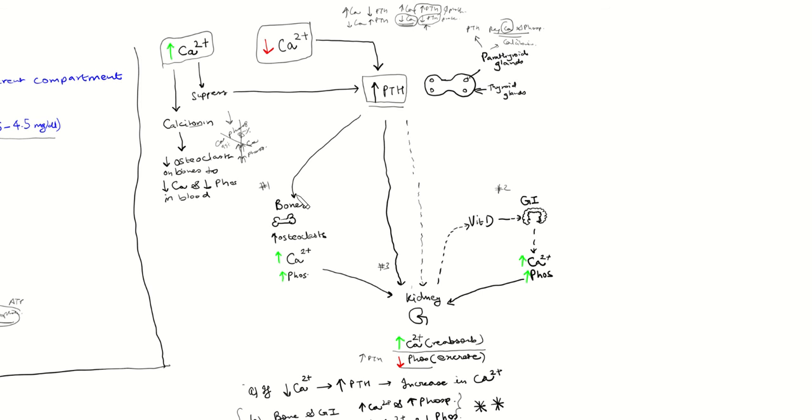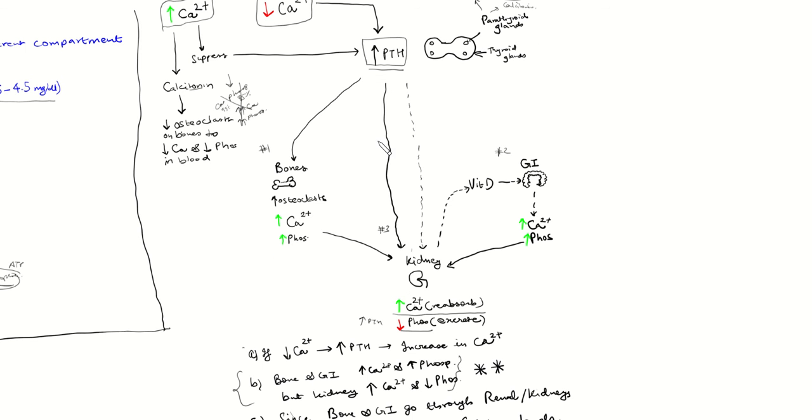What does parathyroid hormone do? Break down bone, gives you high calcium and phosphorus in the blood, and works through kidney to give you vitamin D, which absorbs calcium and phosphorus from the gut. So till now we were happy, but all of that ties into the kidney. All of that blood goes into the kidney.